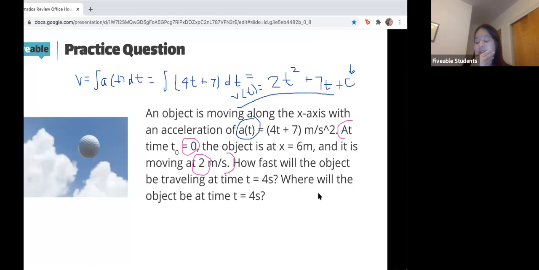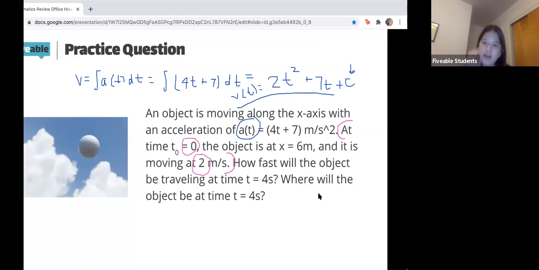For the position, just remember, we're going from velocity to position, so we're getting less complex. I know that's the most super casual way of explaining it, but that's how my brain phrases things. So we integrate: x is equal to the integral of the velocity function.